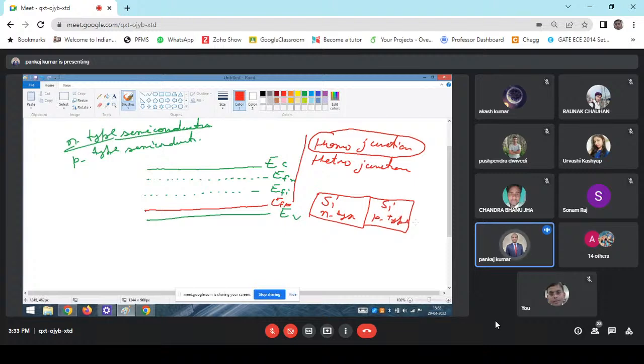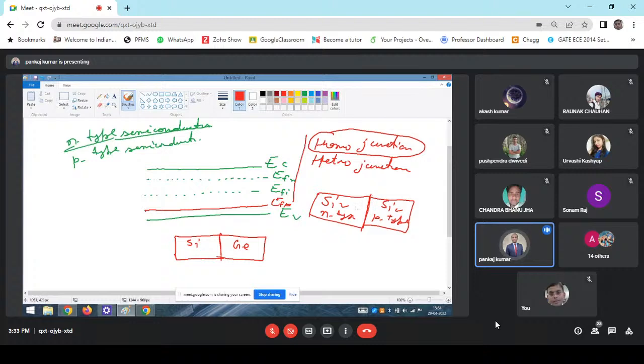Then this junction is called a homojunction, because both the materials are silicon. And if we make a junction of silicon with that of germanium, then this is called a heterojunction.